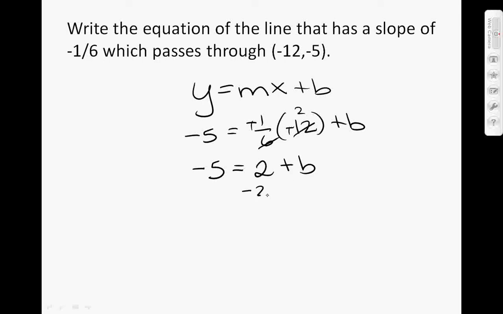Solve for b, so we'll subtract 2, and b is negative 7. So use this now to write the equation. The equation would be y equals negative 1/6 times x minus 7.